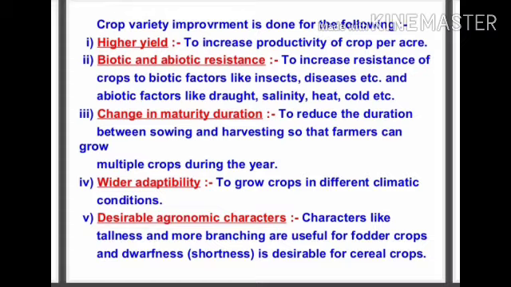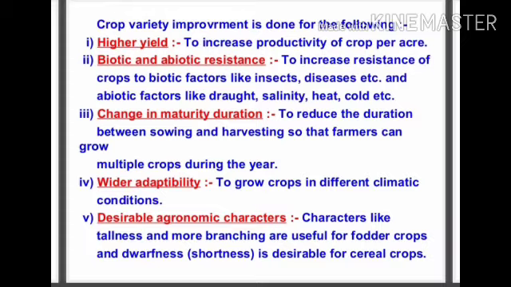Change in maturity duration, to reduce the duration between sowing and harvesting, can also help farmers to grow crops. And wider adaptability, so that we can grow these crops in different climatic conditions.